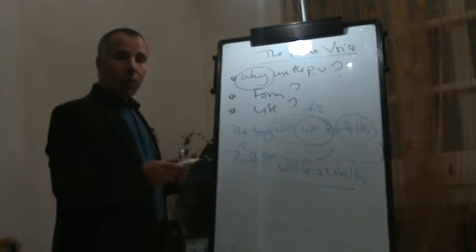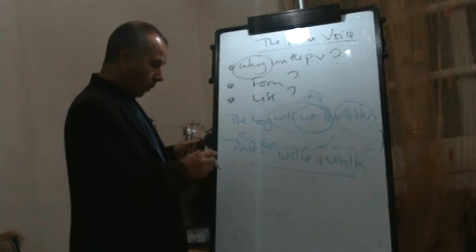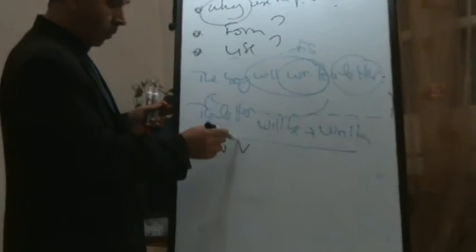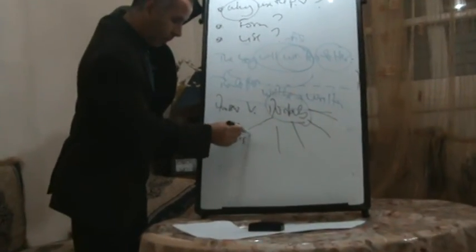Now, we have another very important point that you shouldn't miss here: passive voice with modals. You know what modals are? What are modals? You know these words. These are must, can, could, may, might, ought to, etc. These are modals.